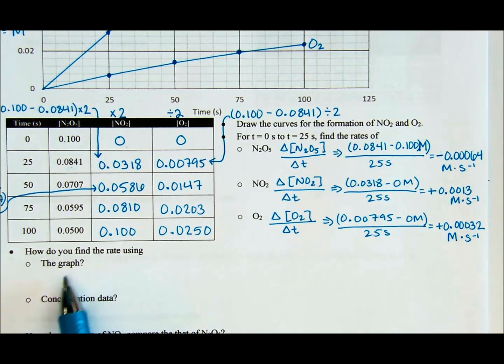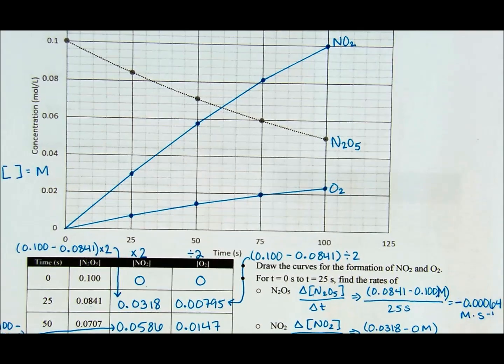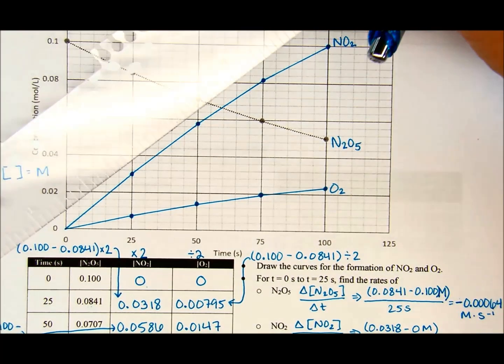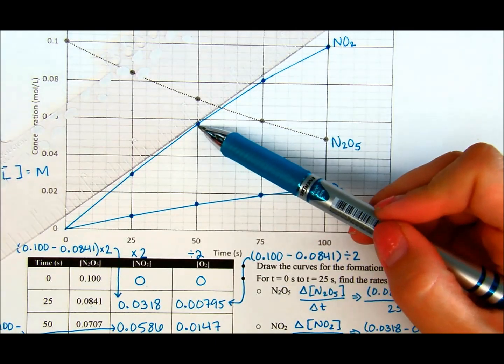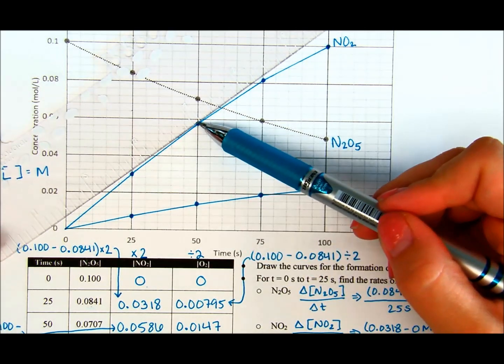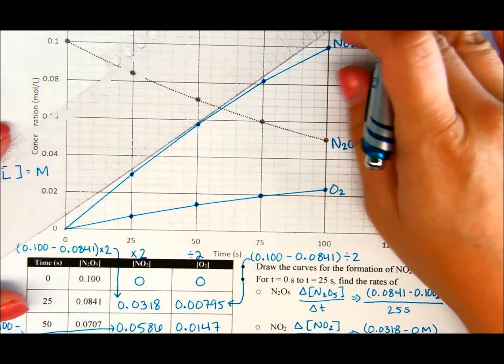Okay, so how did you find the rate using the graph? If you had your graph, in order to find the rate, the only thing you'd have to do is take the slope of the tangent line. So the rate at this point here, at say 50 seconds, is whatever the slope is of this tangent line. So you'd have to find that slope.